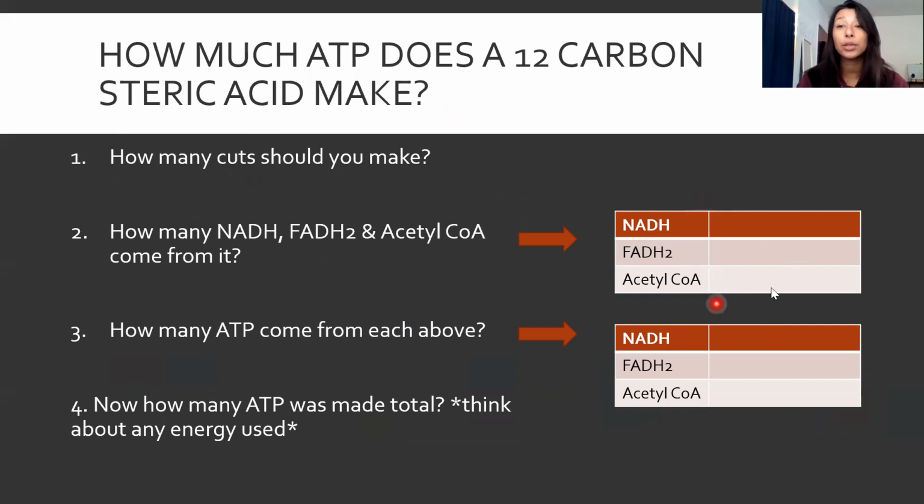From those products that you listed up here, how many ATP can you get? Then, using this box over here, what was the amount of ATP total? Don't forget to subtract, right? You got to think about the energy you used in order to make these cuts, right?